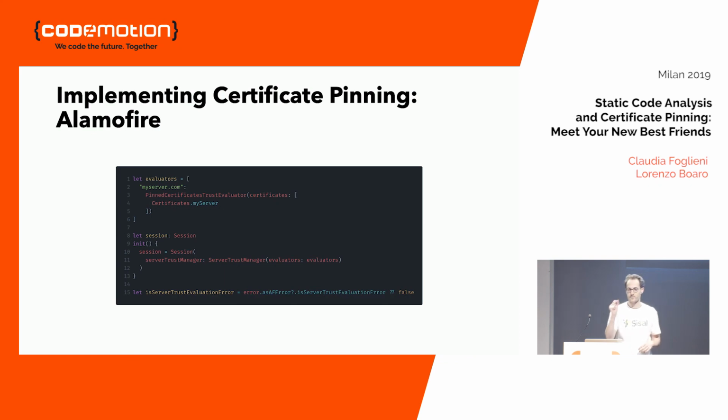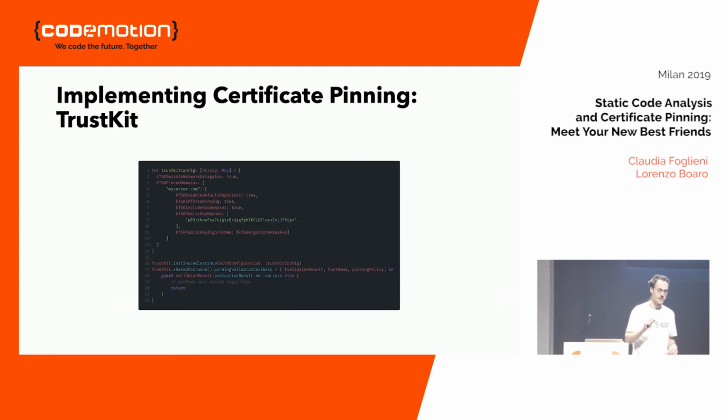Then you can pass this trust evaluator to a server trust manager, and the server trust manager does the work for you. Now, when you do a request through Alamofire, it may give back an error. You can cast that error to an AFError, and then verify if you have a trust evaluation error or not. Again, this is very simple.